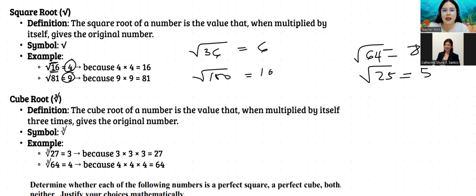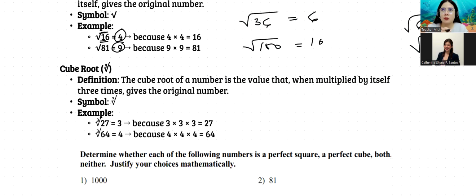So that's how we get the square root of the given number. Okay. How about the cube root? So in square root, we just need to multiply that given number twice by itself. But in cube root, we need to multiply it 3 times by itself. So the cube root of a number is the value that when you multiply by itself 3 times gives the original number.